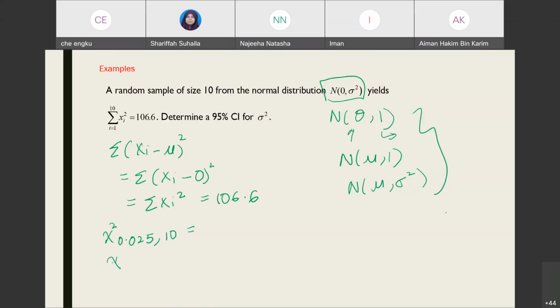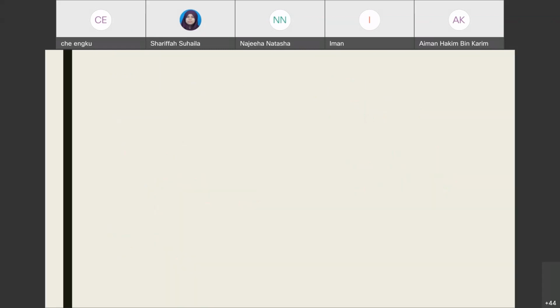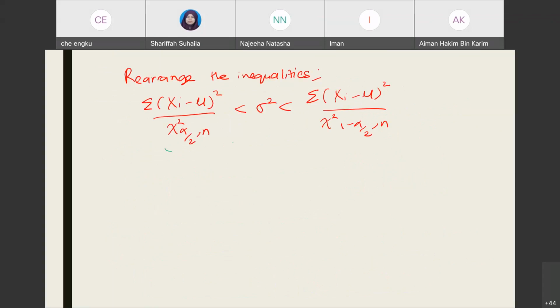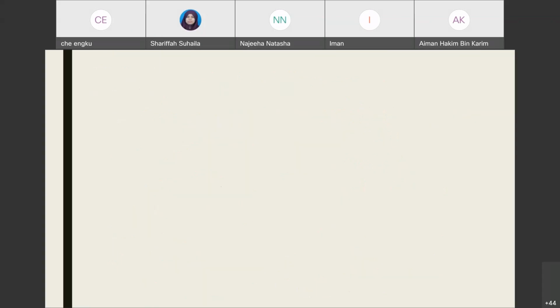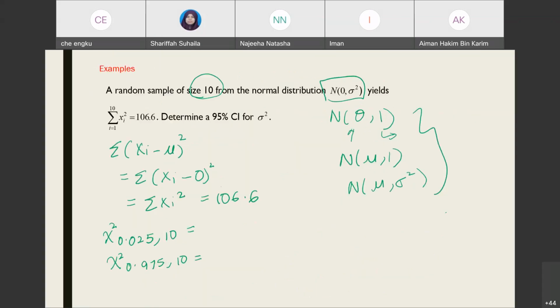Do not make a mistake here. Sometimes the chi-square is correct, but your degree of freedom is wrong, so you read the table wrongly. The degree of freedom is just n, because it is case 1. This is your original formula, not n minus 1. n minus 1 is for the other case, where mu is an unknown number. Chi-square 0.025 and chi-square 0.975.